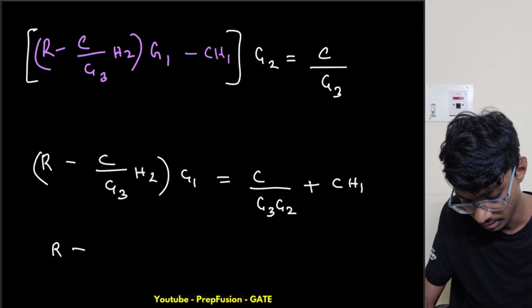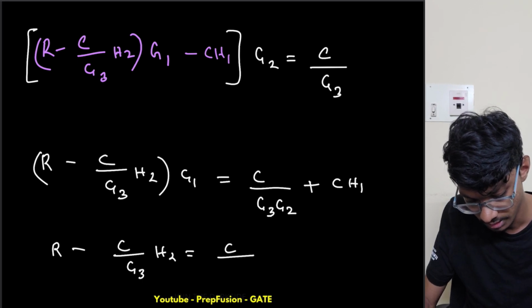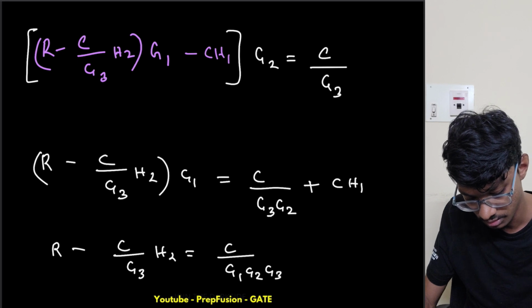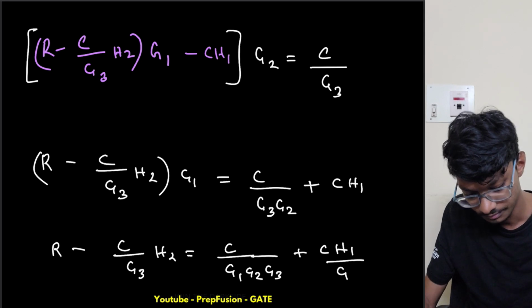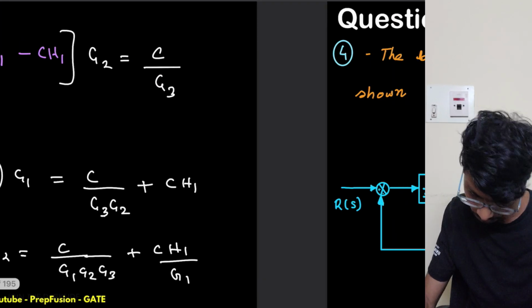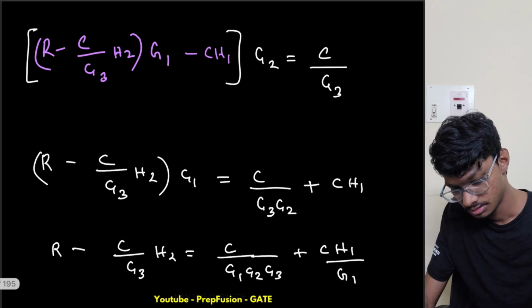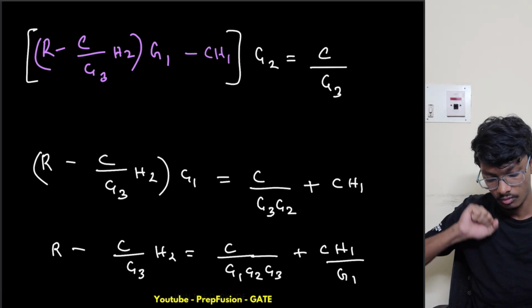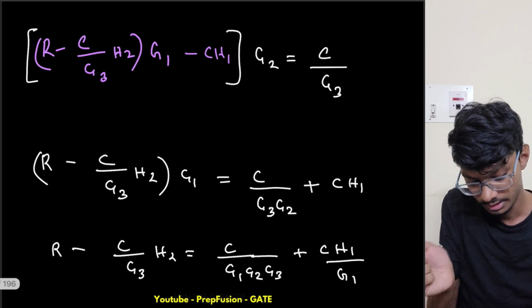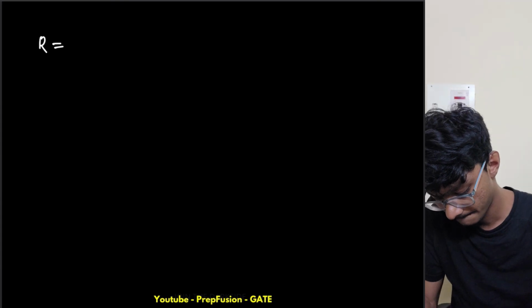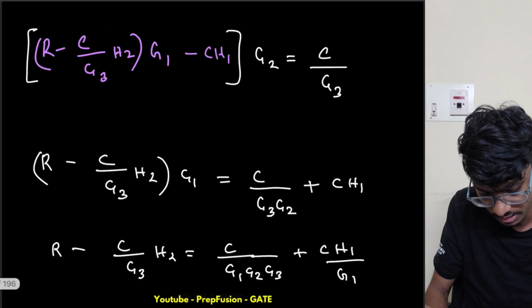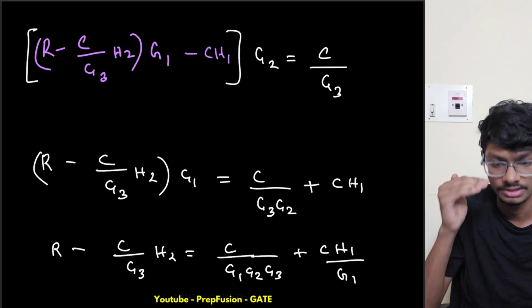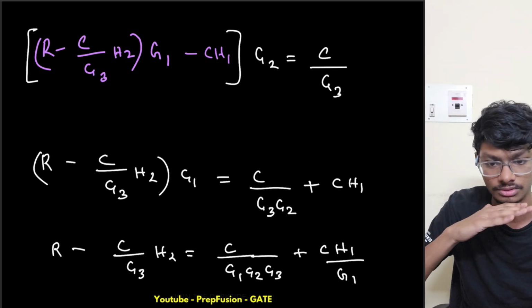So R minus C by G3 H2 equals C by G1 G2 G3 plus C by H1 G1. So this is the block. Now what I need to do is take common over there. So R equals this term, R by G3. The common denominator is G1 G2 G3.